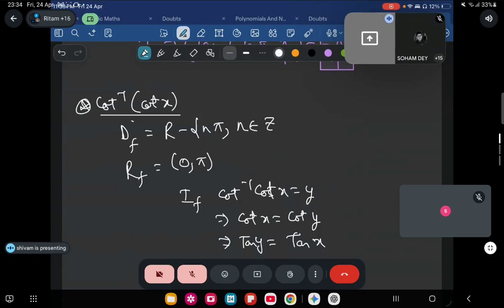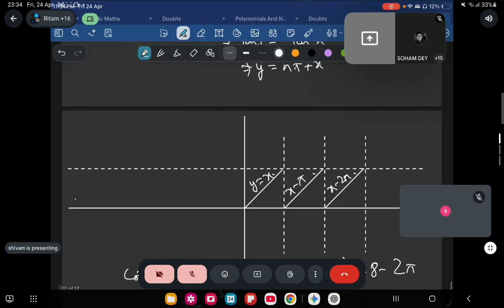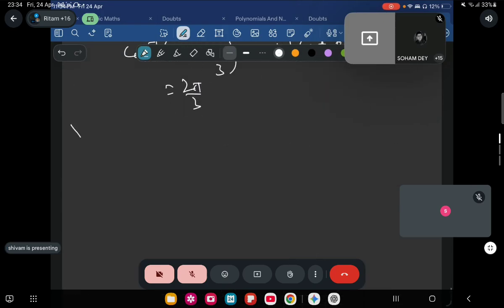Next. One last one I'm going to discuss, that is cos inverse. f of x equal to cos inverse cos of x.